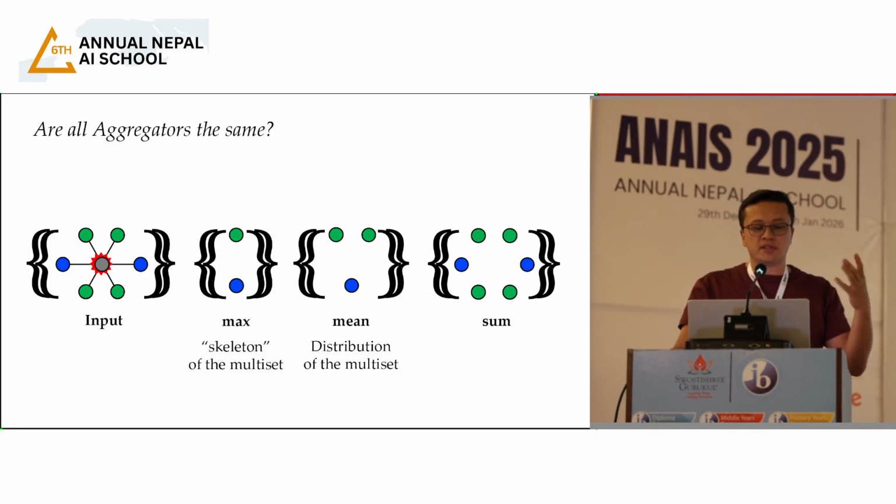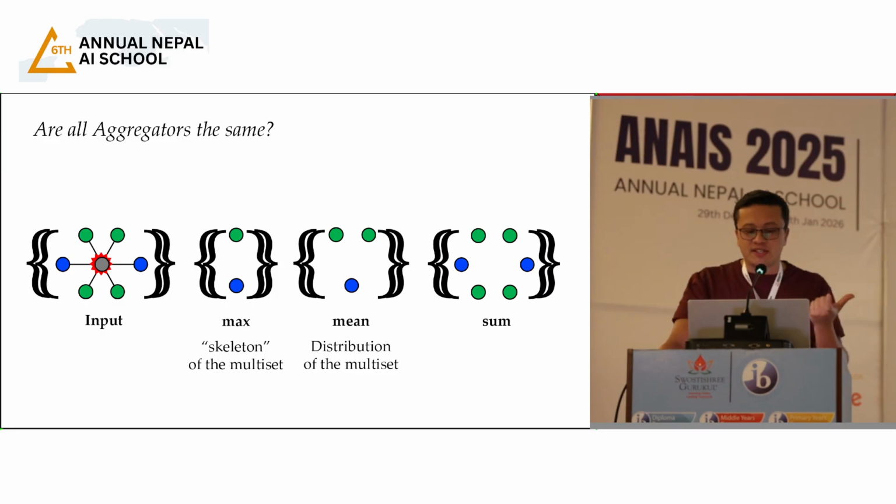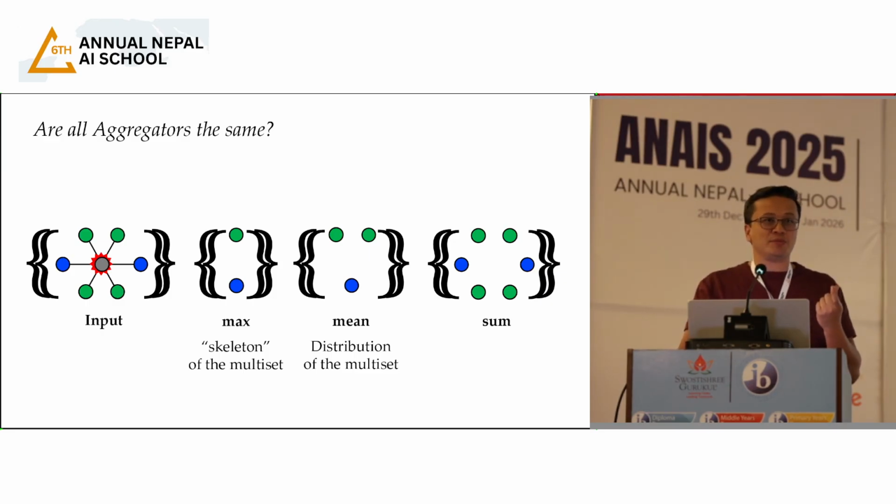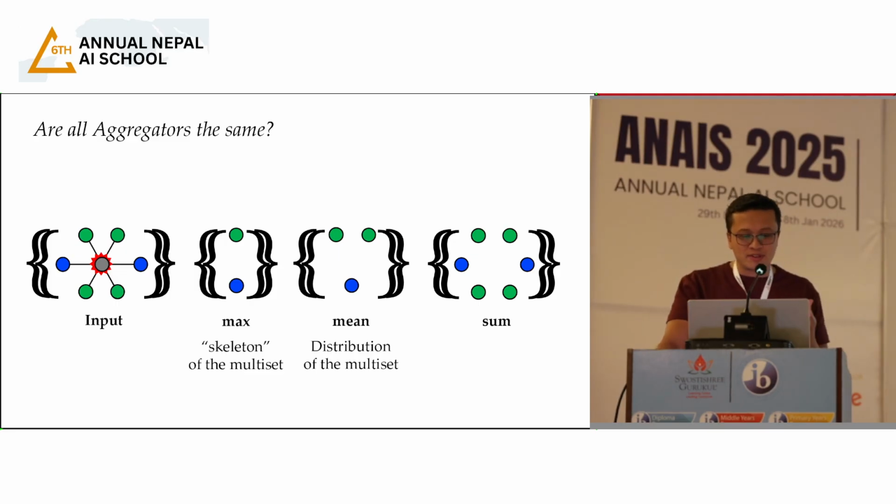So remember, these colors are essentially node features, right? Vectors. So we do an element-wise max. And this only can capture the skeleton of the multiset. You can imagine many cases where the max will fail to distinguish different multisets. And we will see some examples about this.